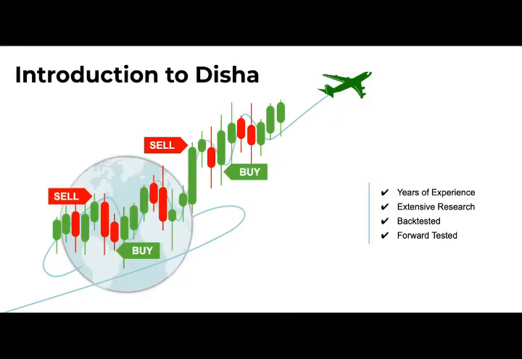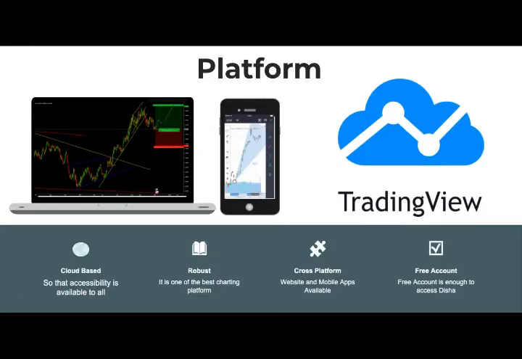To deploy our indicator, we have chosen the charting platform called TradingView. TradingView is a cloud-based charting platform. It is available throughout the world and it is one of the robust charting platforms. We can access TradingView via their website or mobile apps. Recently, they have launched the mobile apps for Indian markets.